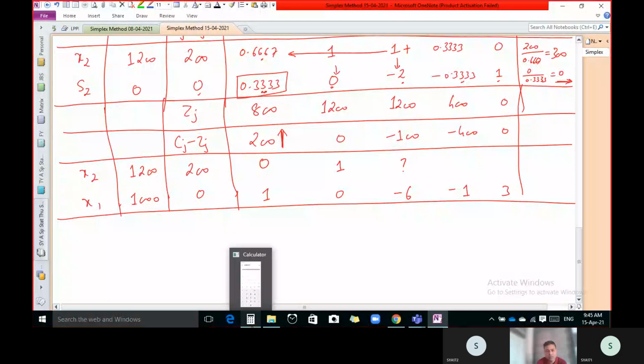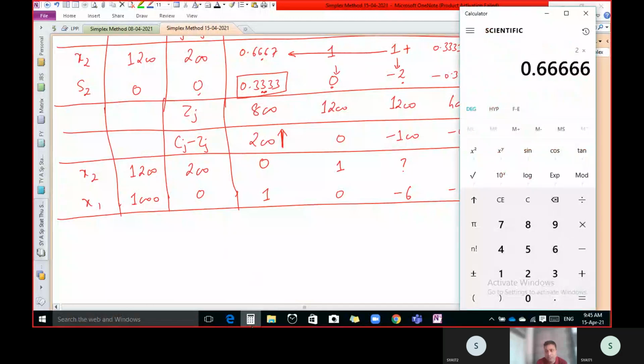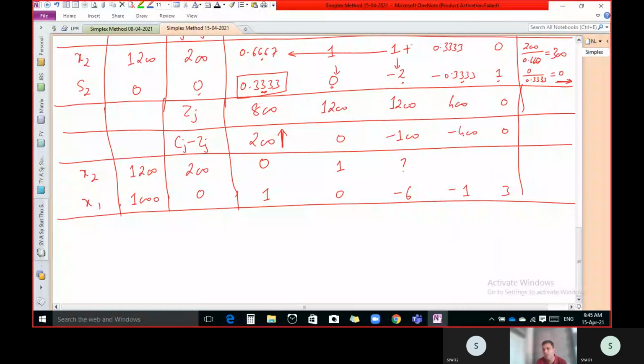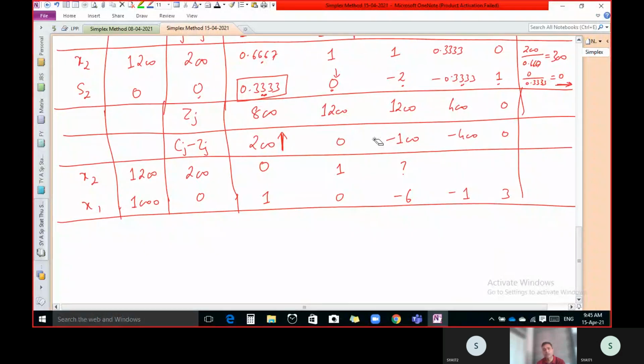So do the calculation. 2 into 0.66666 divided by 0.33333. So we get 4.0000, means 4. So we get here 4. So 1 plus 4 we get 5. So that 5 you have to write here.